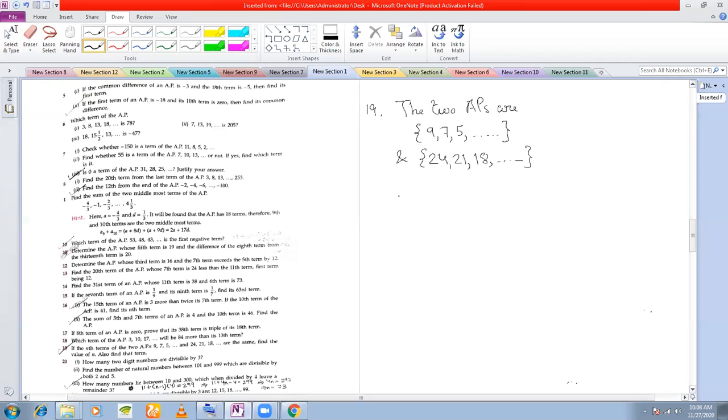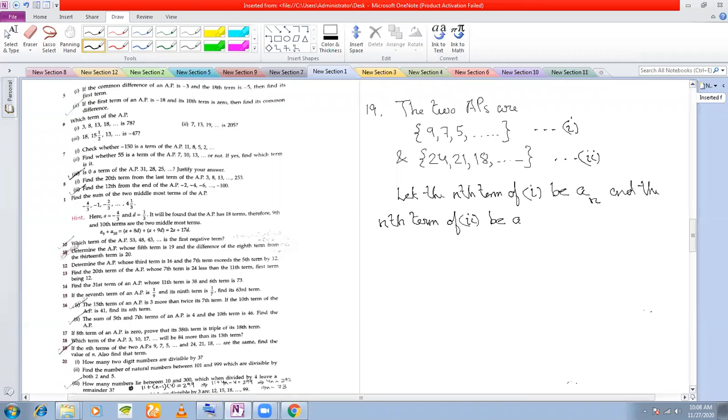So I start by saying, let us call this AP1 and let us call this AP2. Let the nth term of 1 be an and the nth term of 2 be an dashed.